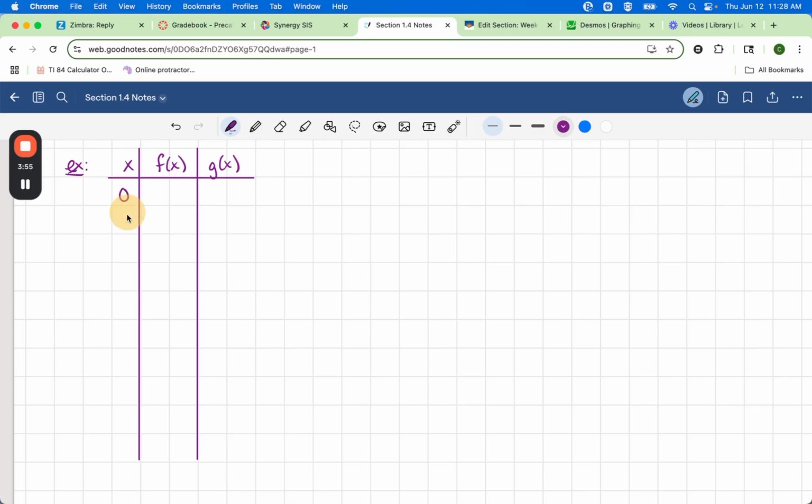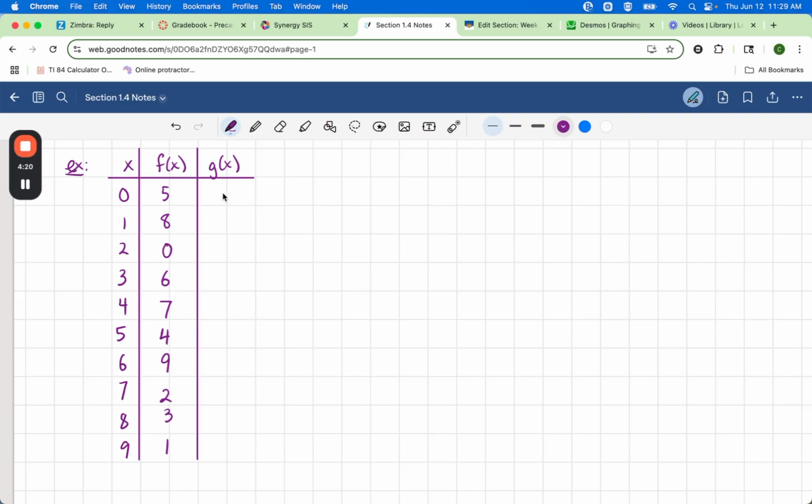So x is going to be 0, 1, 2, 3, 4, 5, 6, 7, 8, 9. f of x. So f of 0 is 5. f of 1 is 8. f of 2 is 0, etc. So here's the f column.